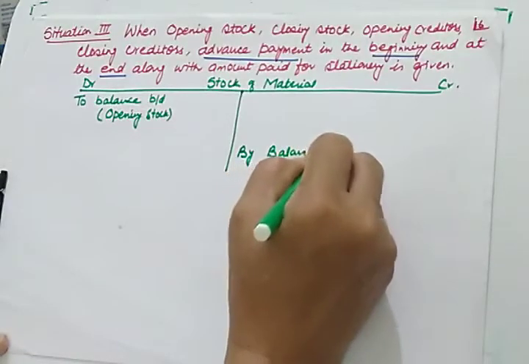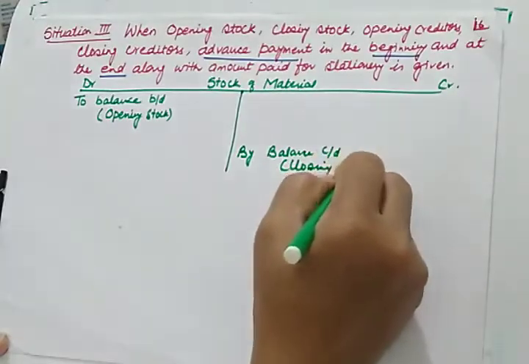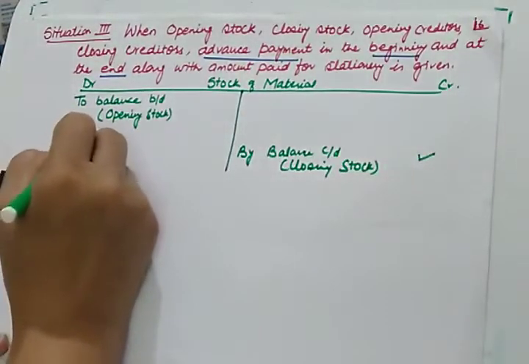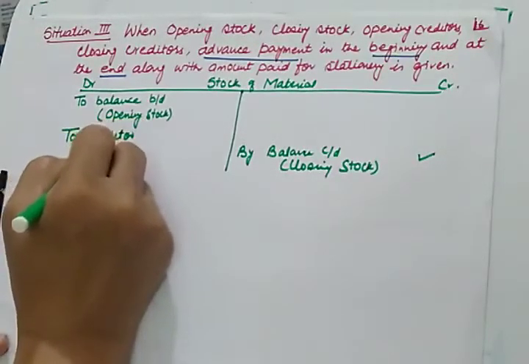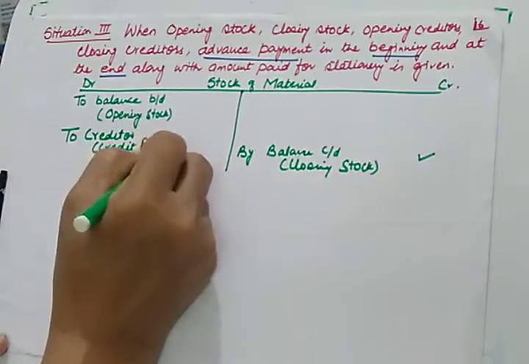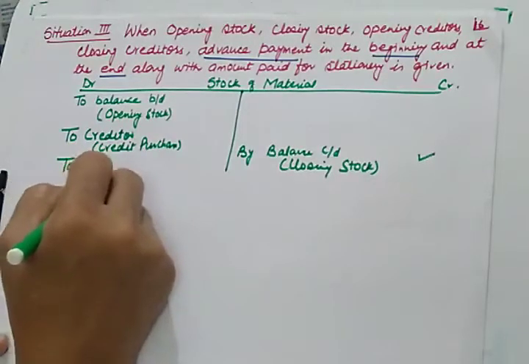So this is my balance carried down, closing stock, and here to creditors for credit purchase, and to cash for cash purchase.